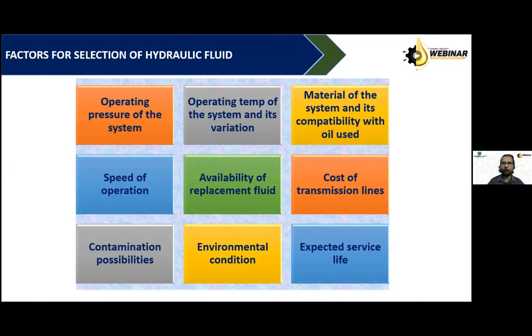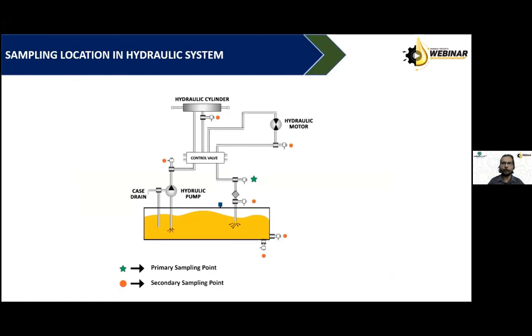So based on the working environment, we have to choose the oil. Which oil will not lose its properties due to these contaminants. We will see a few more applications which will focus on the selection of lubricant.